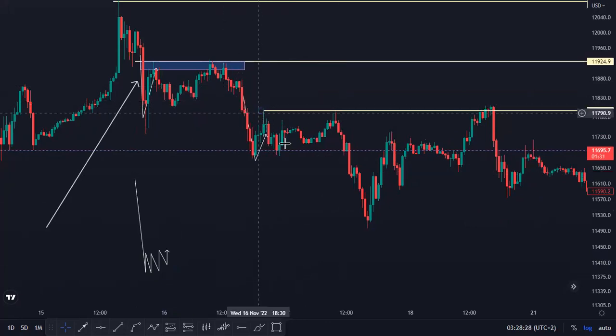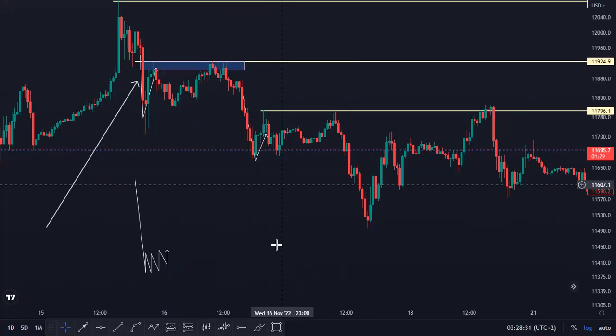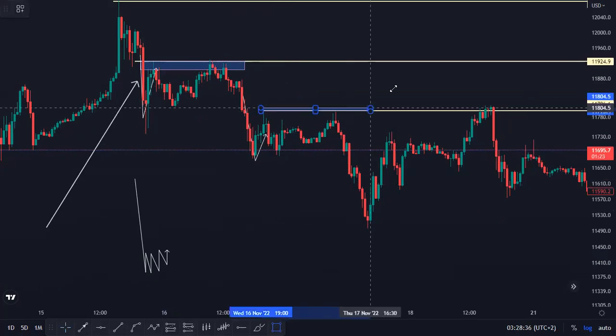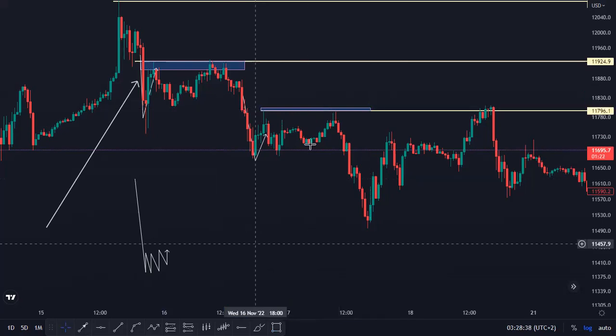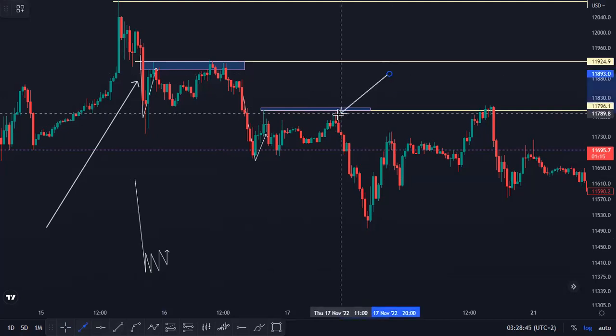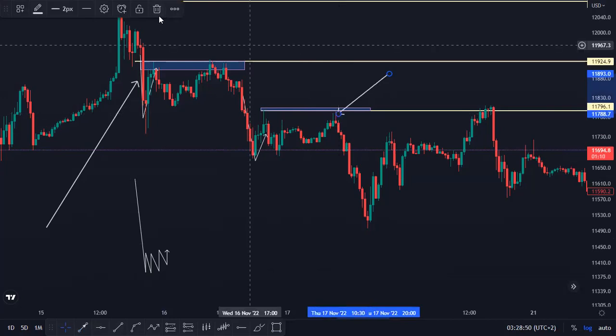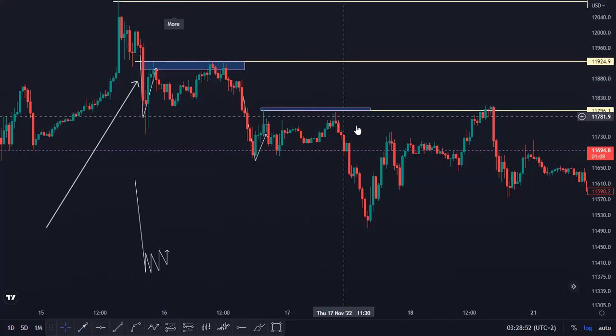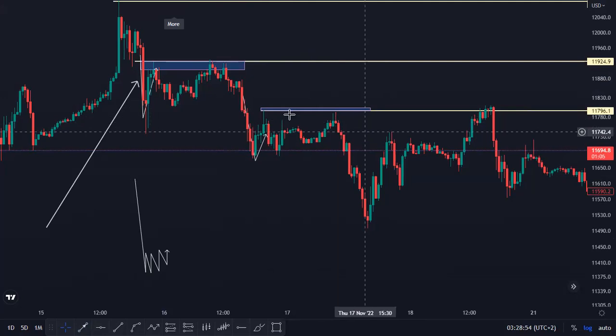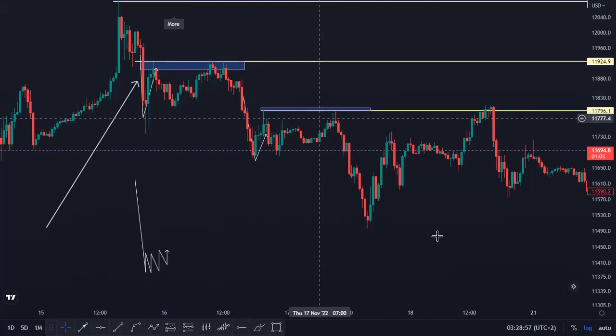The market came back to test this lower high of ours, just the same thing as here. As you can see, even if you were to confirm with candlestick, we have this high test here. Even this one was a clean and clear entry.